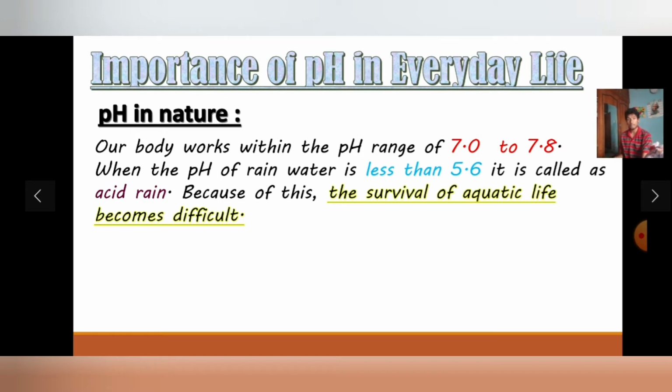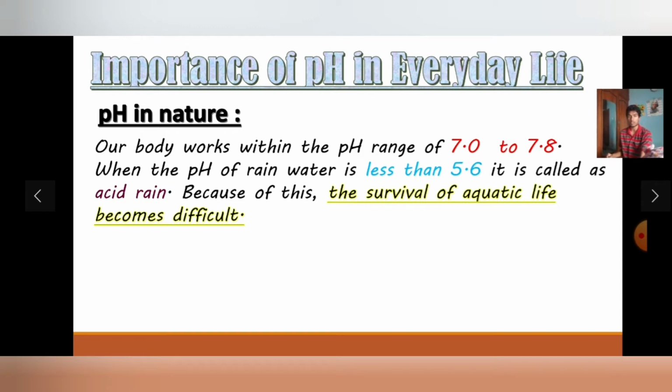When the pH of rain is less than 5.6, as I said, all the substances which have pH lesser than 7, it might be 6.9 also, whatever is less than 7, is said to be acidic. Now when the pH of rainwater is less than 5.6, it is called acid rain.